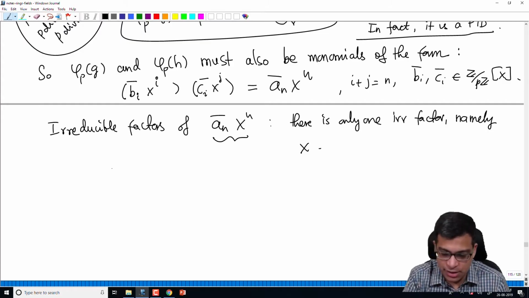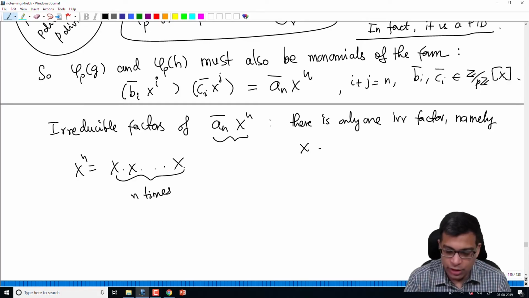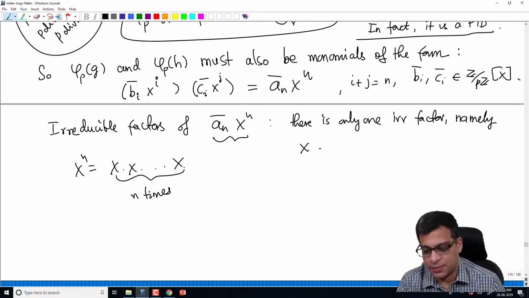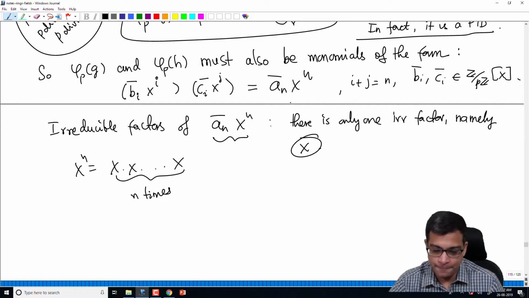You can write it as x times x times x, n times. There is no other irreducible factor for an bar x power n. That means any divisor of an bar x power n must be a power of x. So coefficients we don't care, but there will be some coefficients. So it is bi bar x^i, ci bar x^j.